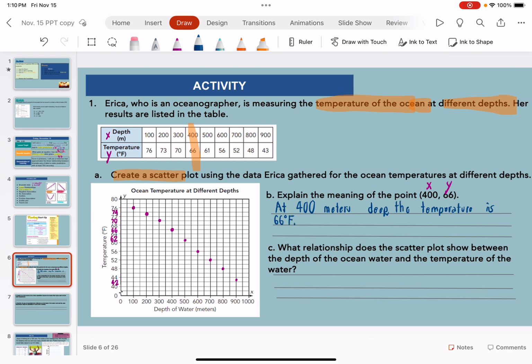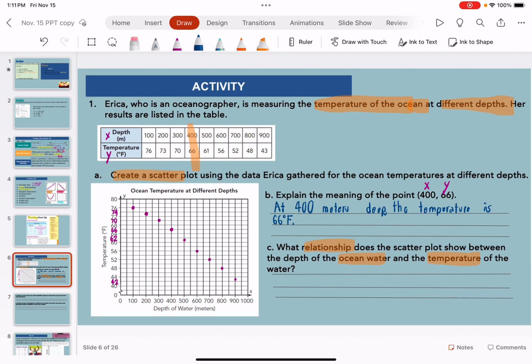Okay, C is asking what relationship does the scatter plot show between the depth of the ocean water and the temperature of the water? Okay, so when it's asking about a relationship, we have to think back to the associations that we talked about at the beginning. So I'm going to go ahead and draw my trend line if that's the case. Okay, so you can see through my trend line that it looks to be a linear association, right?